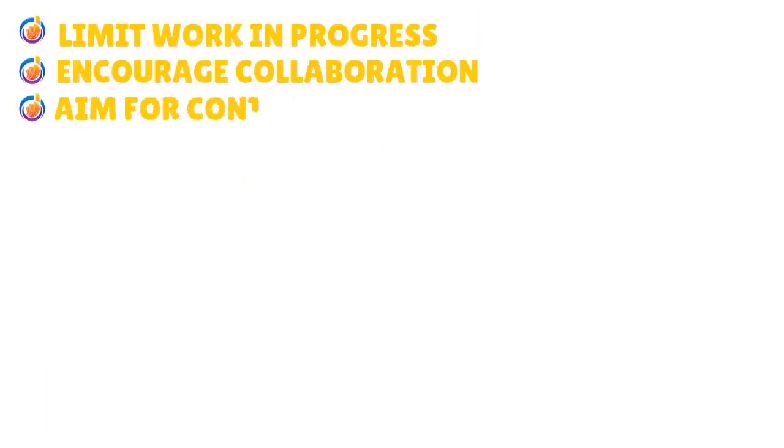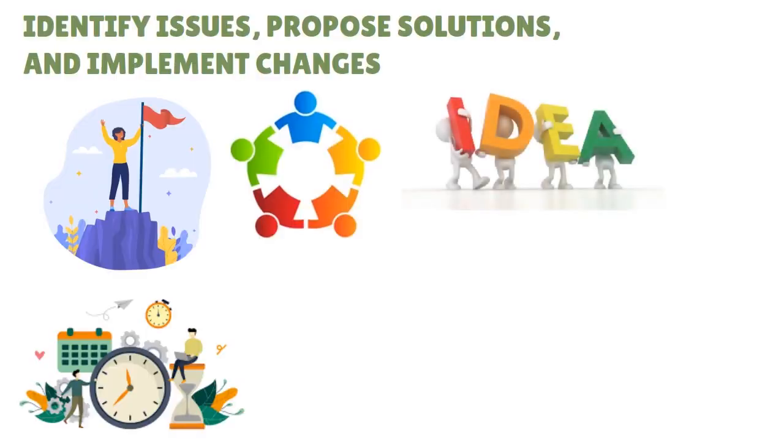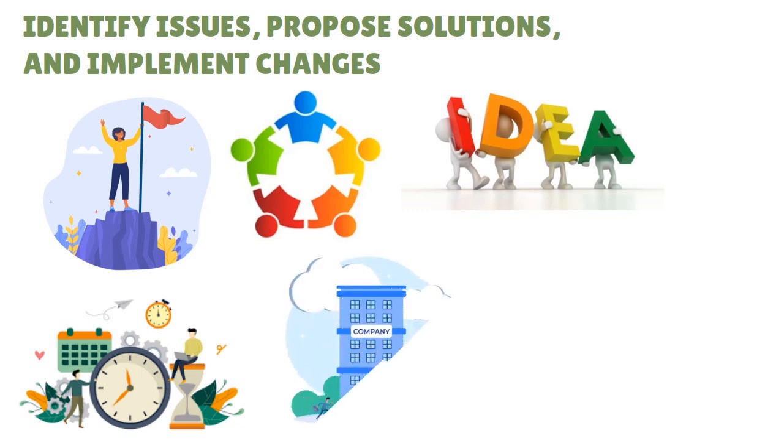You also want to aim for continuous improvement. I mean, the whole thing about Kanban is based on continuous improvement. Okay, even once you have established an effective Kanban system, you have to be open to ideas to further optimize processes. You just never know. And by the way, your company is not a static construct, right?